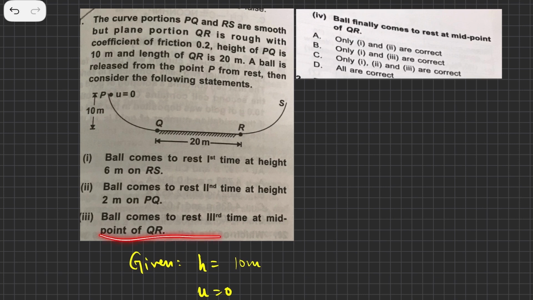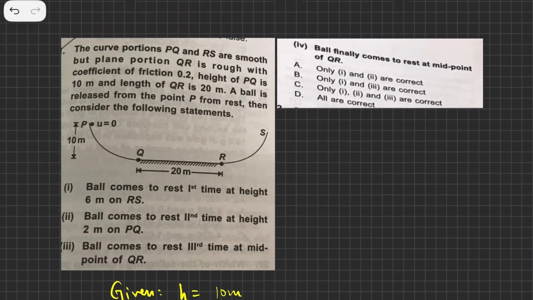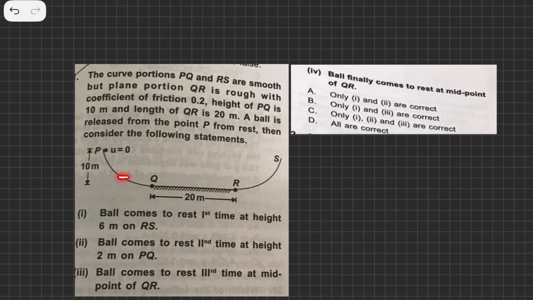Now the third option is saying that the ball halts the third time in the middle of QR. So I'll try to find out this displacement. If this comes out to be 10 meters, that means it is halting at this point. Again we'll do it the same way, but now the ball was at 2 meters. So the potential energy at 2 meters is equal to the work done.